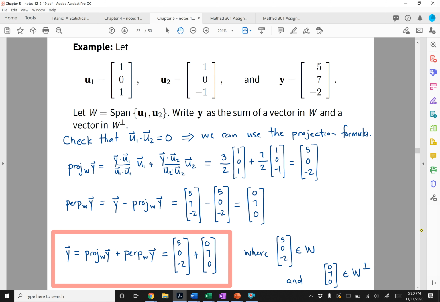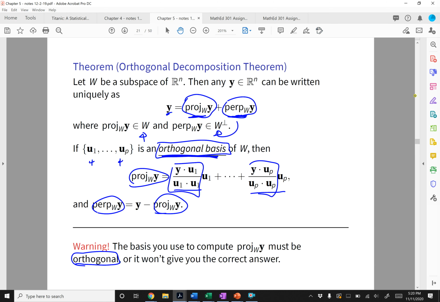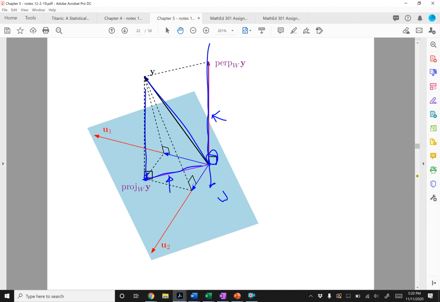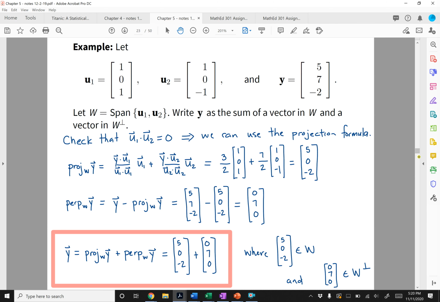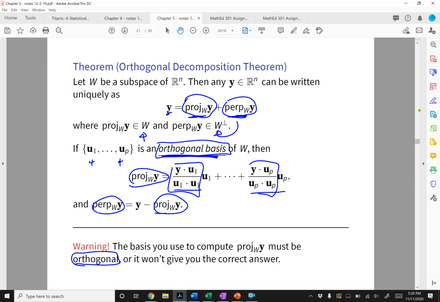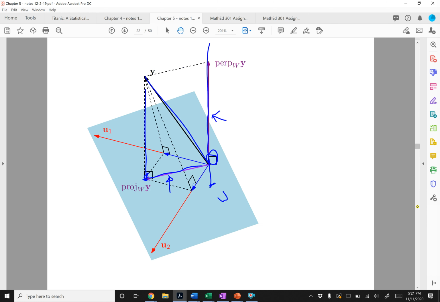Now we're going to try to find the projection, these two special vectors that we talked about up here. If we're given a random vector, can we project it into the subspace W and find the piece that's perpendicular? We can easily find the projection because we're dealing with an orthogonal basis, by using these projection formulas.